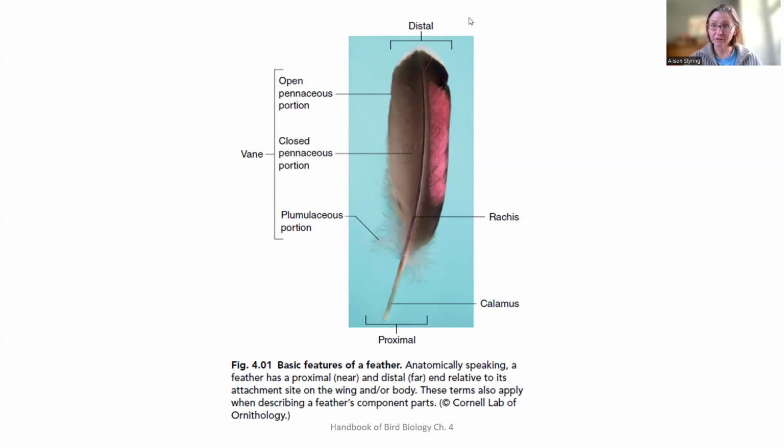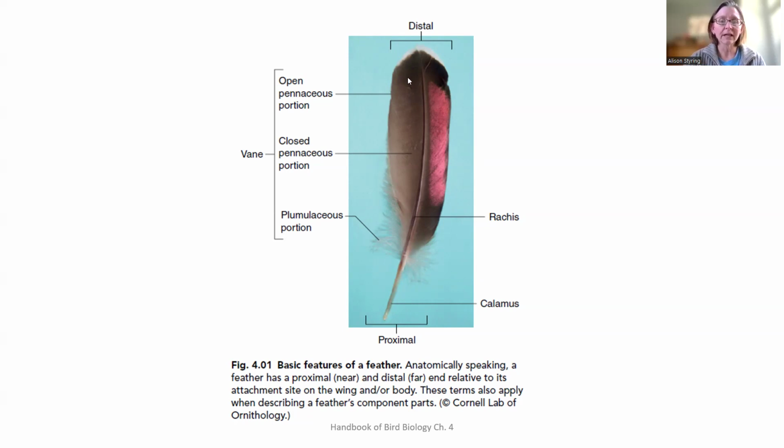The part of the feather that's further away from the body is the distal part. So those are some orientation terms that you'll also hear. The area around the shaft that we call the feather, we think of that as that sort of flat, smooth, sometimes very colorful surface, is called the vane. And the vane can look different depending on the type of feather you're looking at.